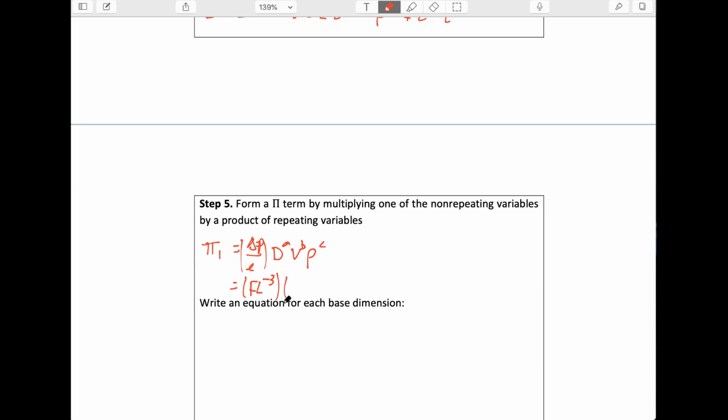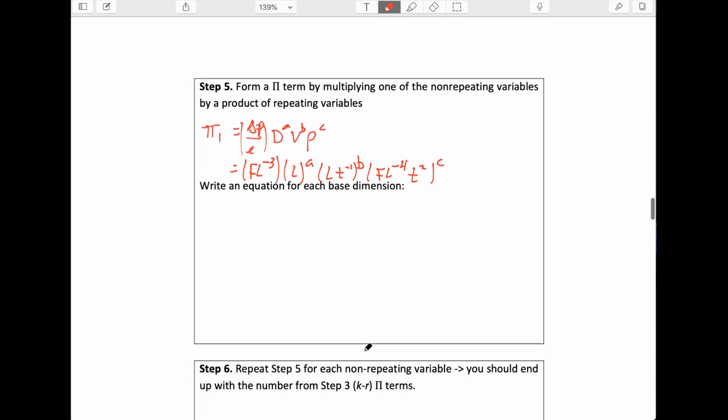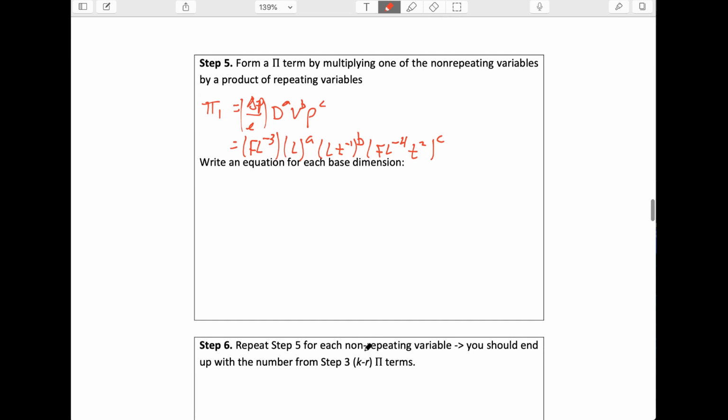D has dimensions of length, so that's L to the A. Velocity looked like a length per time to the B. And density looked like FL to the minus 4 T squared raised to the C. And now, oops, that's a little sloppy. Let me get a better C here. C. And this now is where this becomes useful.